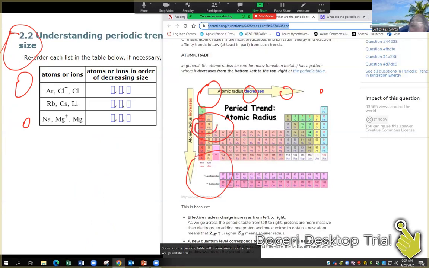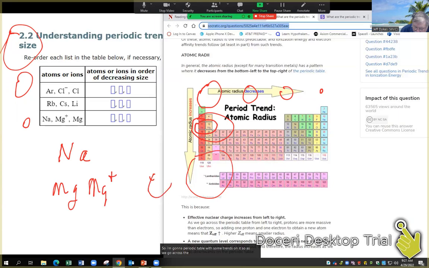So if we have sodium and magnesium, since we're going across a period, not across a group, we're going to go from large to small. So sodium would be the largest, and then magnesium and magnesium plus.